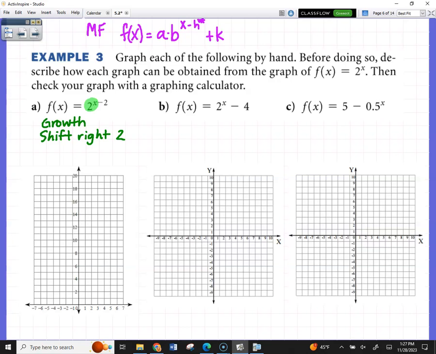So all of those points that you graphed on the 2 to the x power, we're just going to shift them right 2. If you plug 0 in, you get 1, so it's going to go right 2. And if you plugged 1 in, you got 2, so it's going to go right 2.